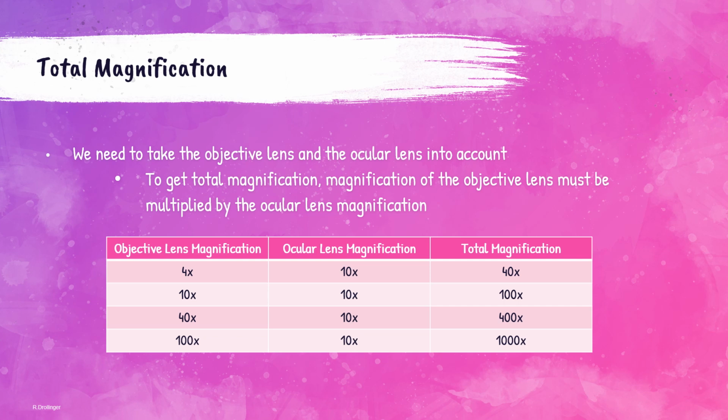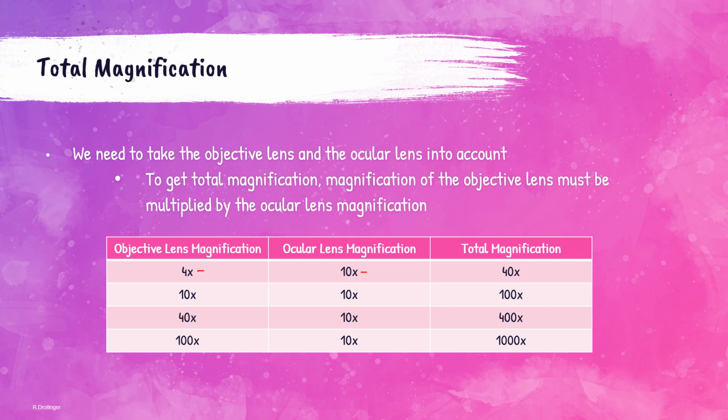So this is a table that breaks down exactly how you need to figure out what the total magnification of the scope is. If you are using the 4x objective lens, you need to multiply it by the ocular lens magnification, which is here. Now, if you notice, all of the ocular lens magnification in this table is 10x.